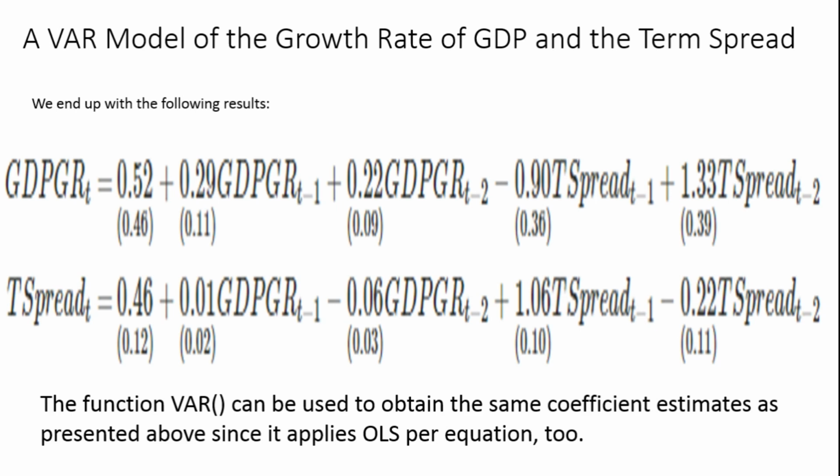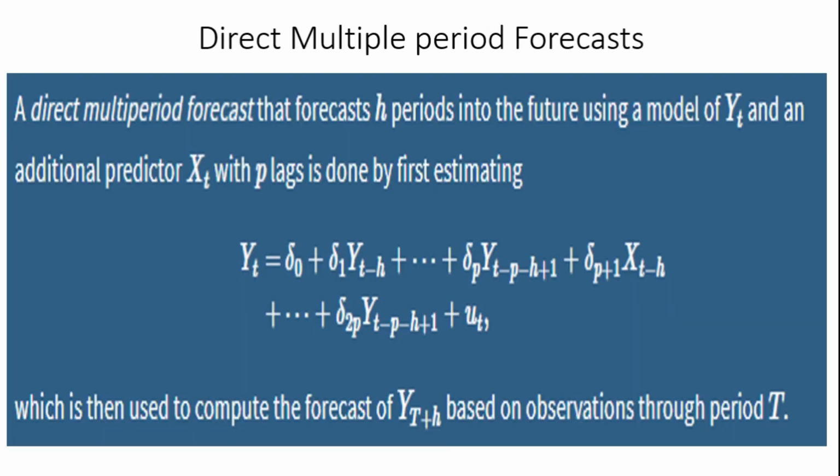And a prevision is used in a direct multi-period forecast that forecasts each period into the future using a model of YT and an additional predictor XT with P lags.